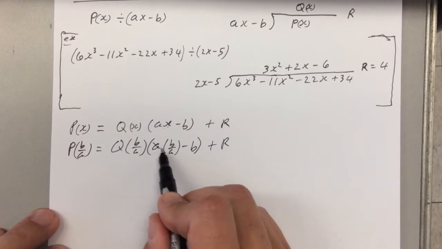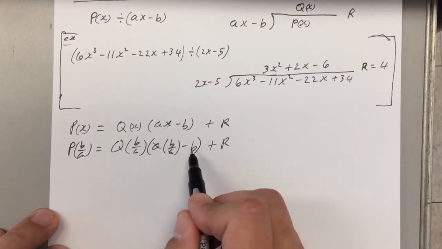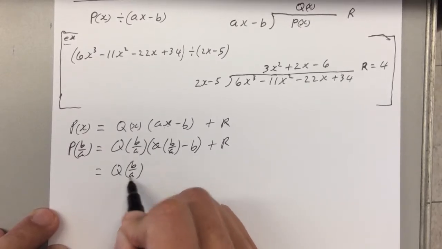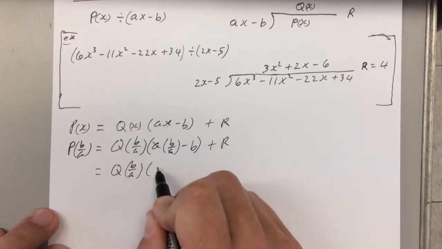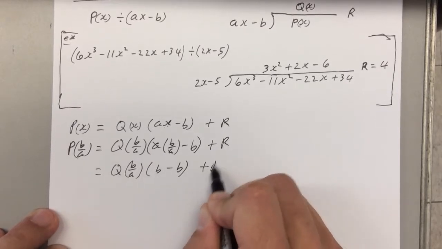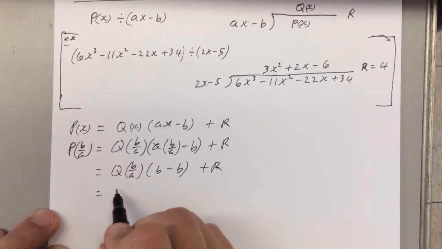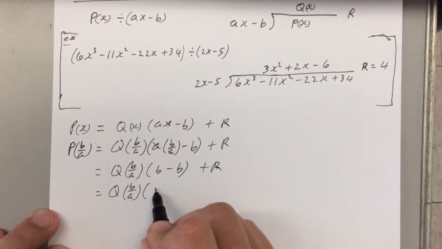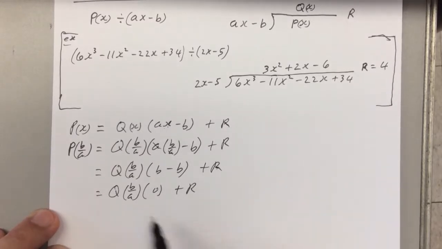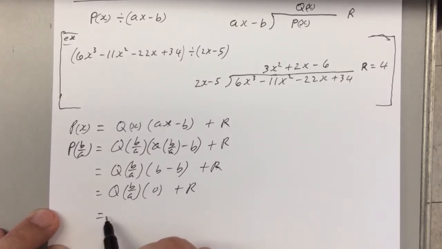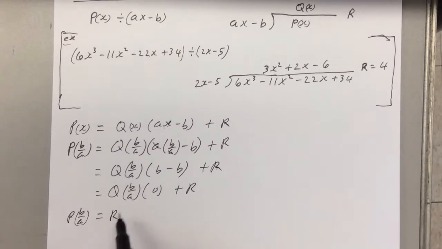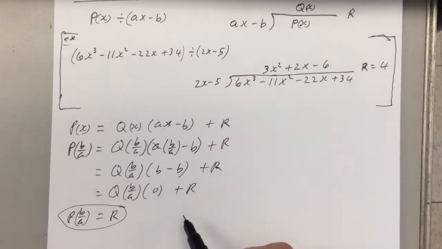So at this point, these a's cancel out, and we've got b minus b, which equals q of b over a times b minus b plus r, which equals q of b over a times 0. Anything times 0 is 0, so we're just left with r. So now we get p of b over a equal to r. This is an important result.